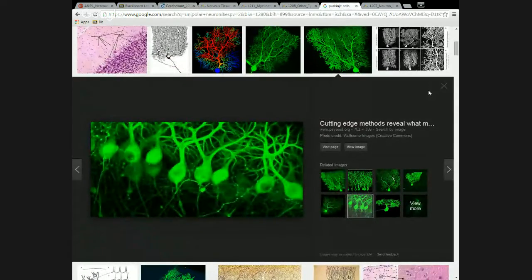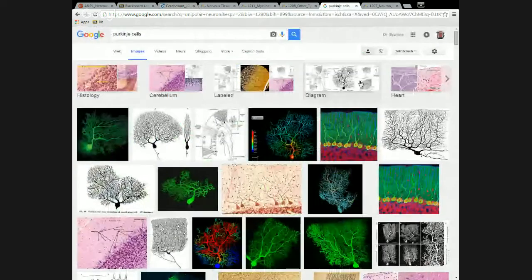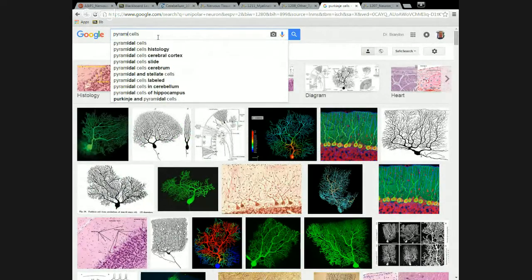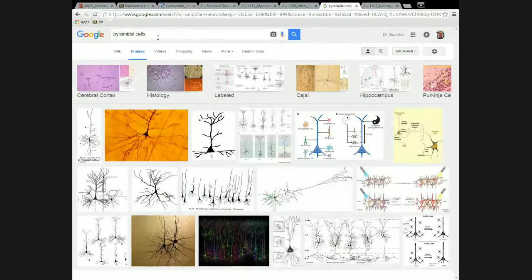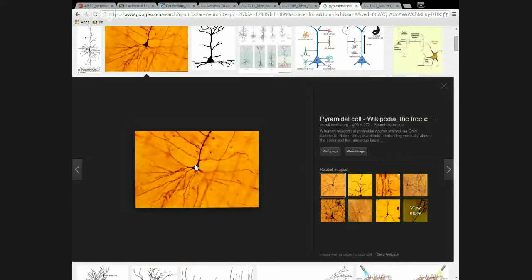Now, I'm not going to spend a lot of time on this, but I do want to point it out. The other type of multipolar cell that the book introduces in that figure with the drawings is called a pyramidal cell. And usually those pyramidal cells are stained in something very similar to that black colored drawing that I showed you from the Spaniard guy. But this is a more modern version of that stain.